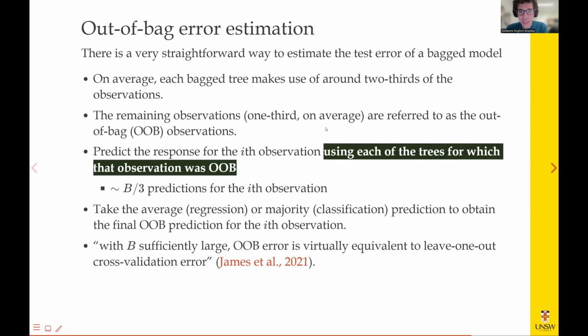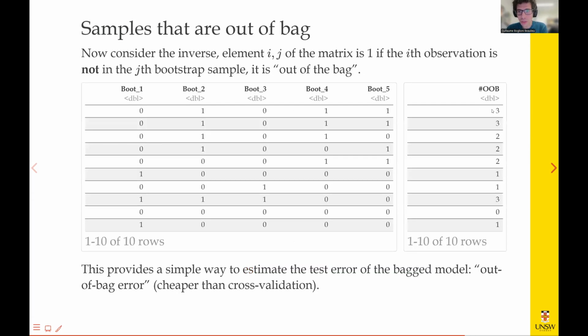Yes, as we said, any observation, if we have many bootstrap samples, will have some number of fitted trees that did not use that observation. Now, if a given tree did not use that observation, we can use that tree to compute a prediction of that observation without danger of overfitting, because that specific tree did not use that observation.